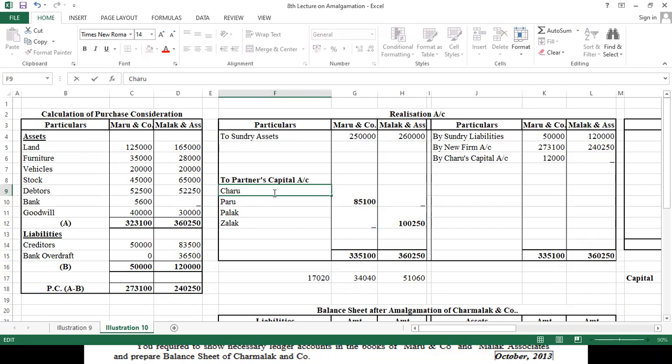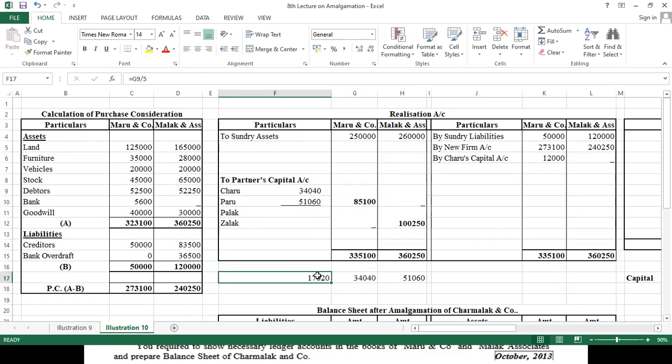So let's write down 17,020, and here it will be 51,000. No, I made a mistake, it will be 34,040 here and 51,060.